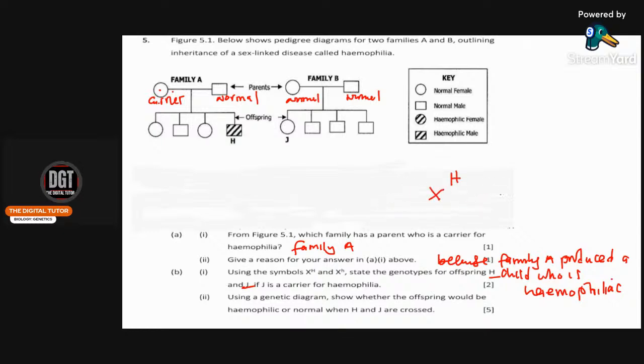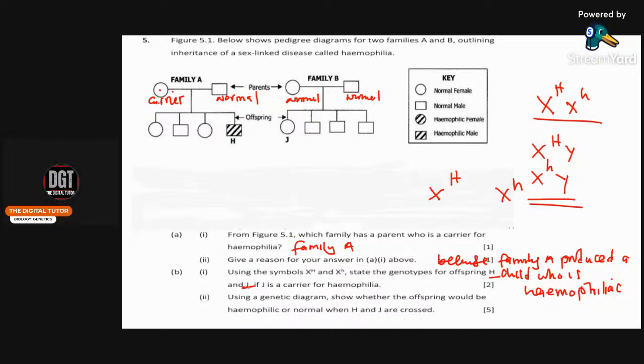If this is the genotype for a female, X^H X^h is a carrier, because we said sex-linked traits are recessive. But X^H Y in male is normal, and X^h Y, there's nothing like a carrier in male, so this one is hemophilic.